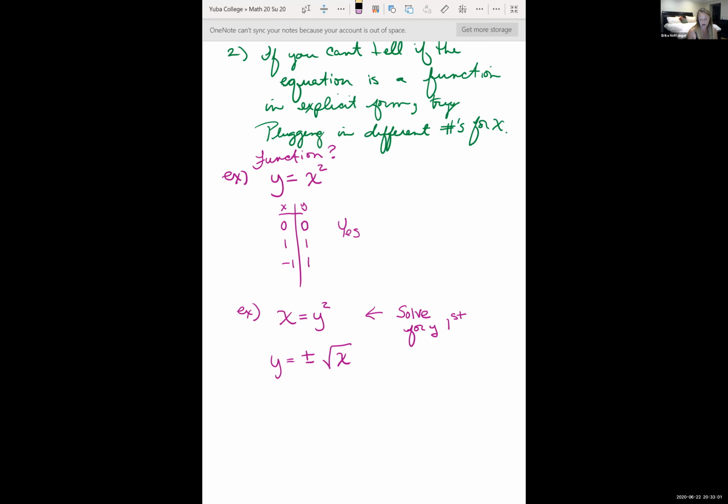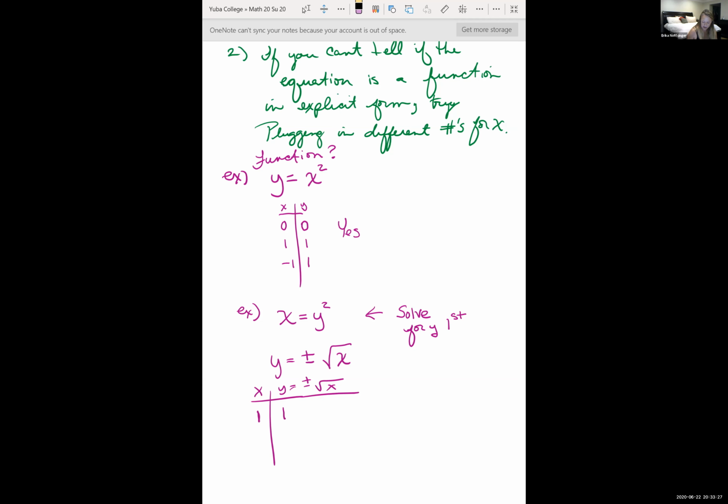Right there, because of that plus or minus in front of the square root, I can tell there's going to be an infinite number of values I can plug in for x, and I'll get two separate y values. For instance, if I plug in 1 here, I get y is equal to the positive square root of 1, which is 1.